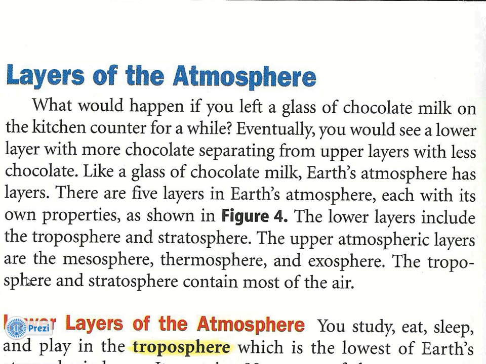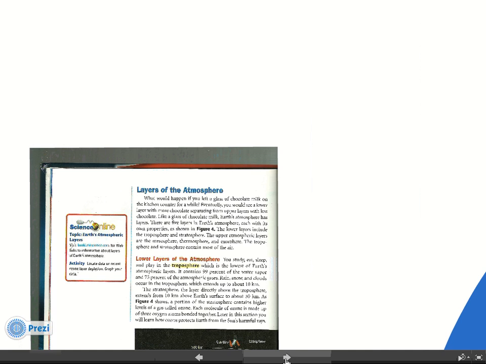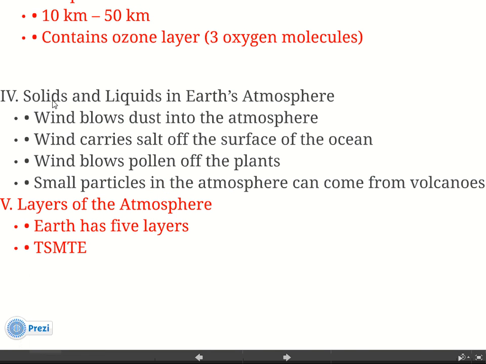Now that was a lot of information. The main idea is that there are how many layers, and we're going to learn an acronym for those 5 layers. So you had written down 4. This was from the other day.